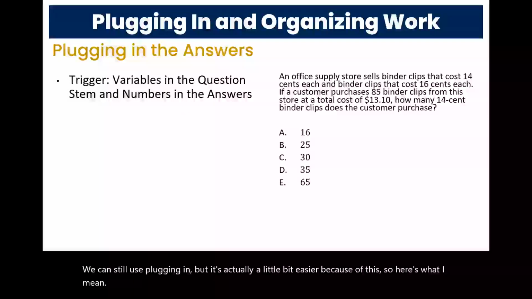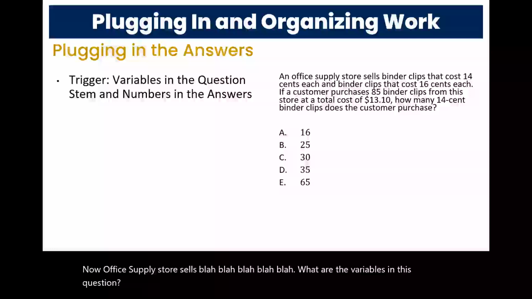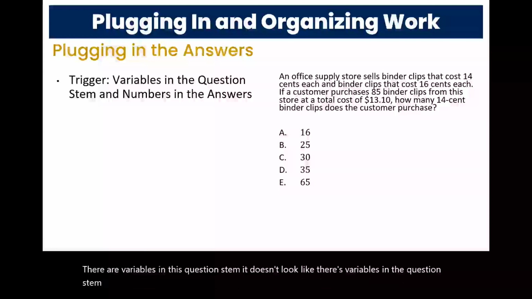An office supply store sells blah, blah, blah, blah, blah. What are the variables in this question? There are variables in this question stem. It doesn't look like there's variables in the question stem, but there are. What are the variables in this question stem?